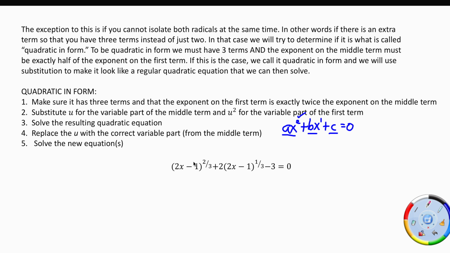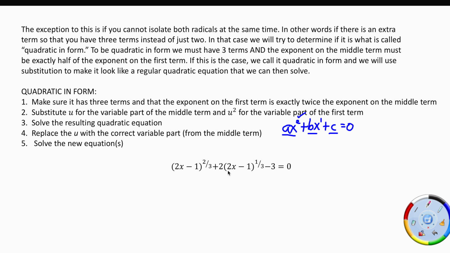So if I can make this look like a generic or a general quadratic equation, the way we do that is we're going to use substitution. And usually we use a U for substitution just to remind us, hey, I'm not through with the problem. U, that's kind of a weird thing to have in our equation.